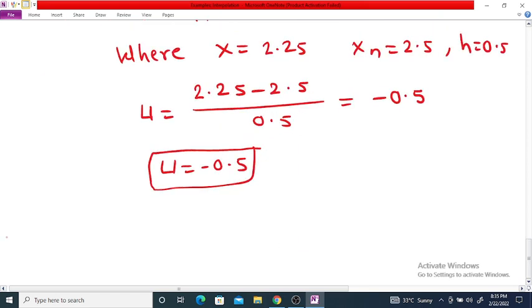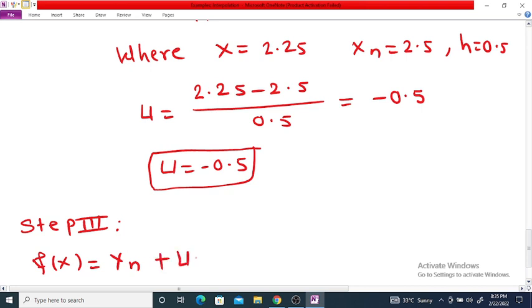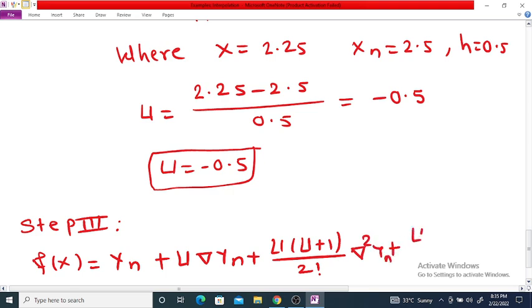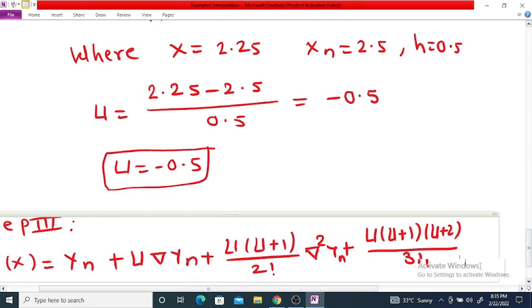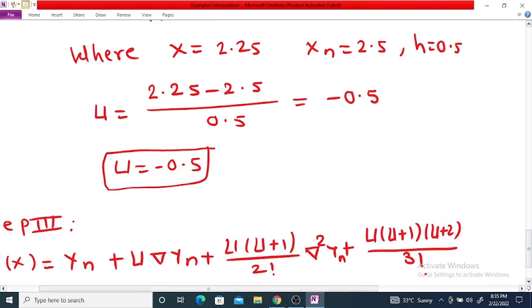Now the Newton backward interpolation formula is f of x is equal to yn plus u del yn plus u into u plus 1 divided by 2 factorial del square yn plus u into u plus 1 into u plus 2 divided by 3 factorial del cube yn.